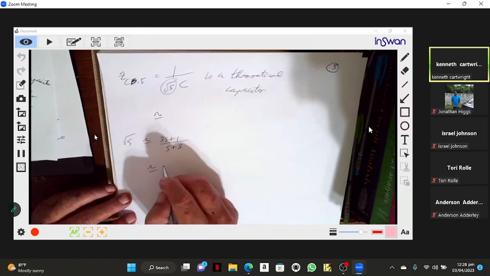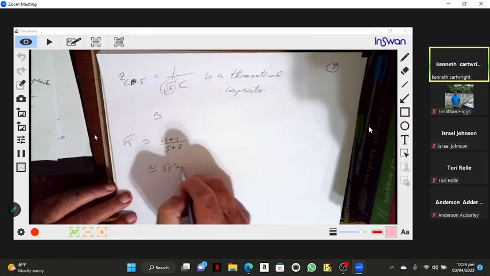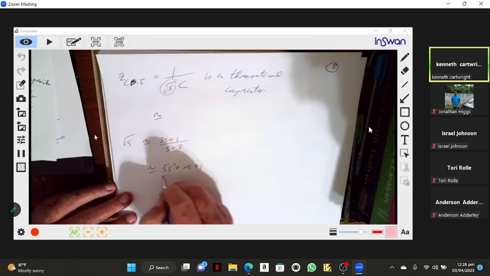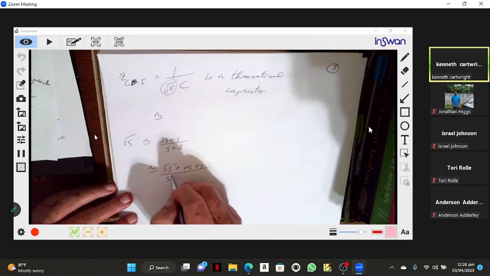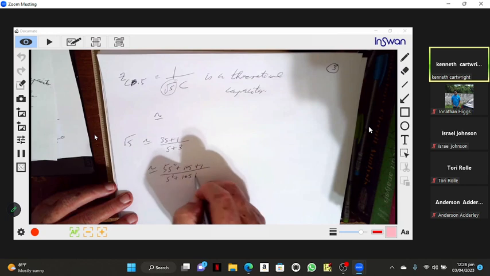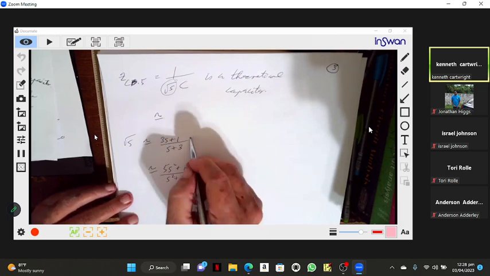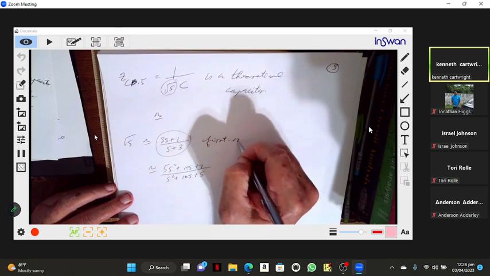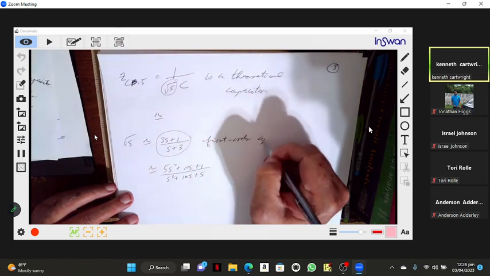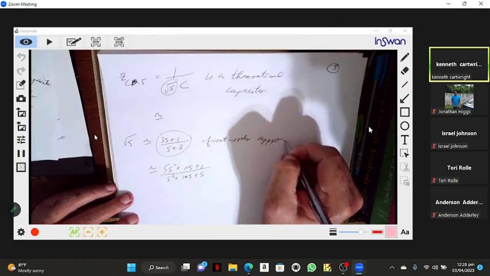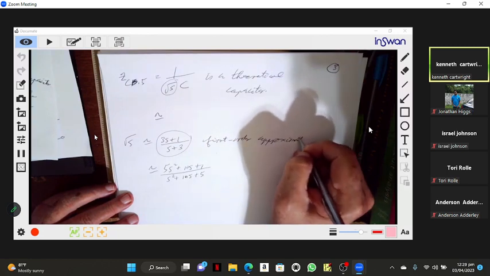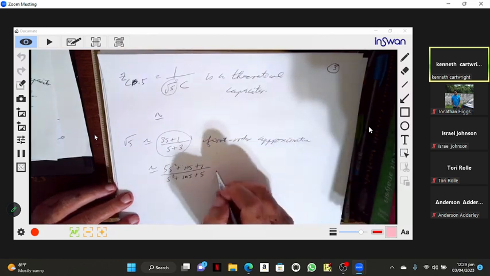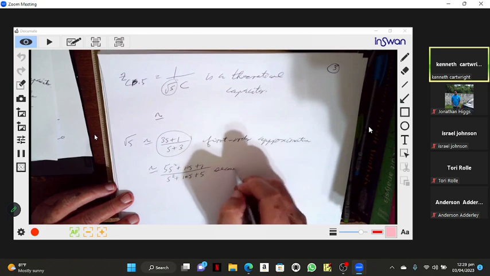It's also approximately, okay, this is a first order approximation. And this is a second order approximation.